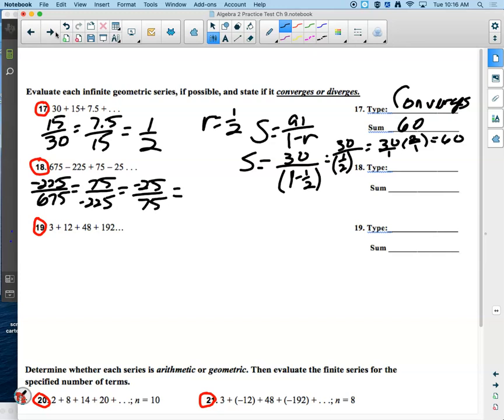All of them reduced to negative 1/3. So we can do that one. Converges. Same formula? Yep.